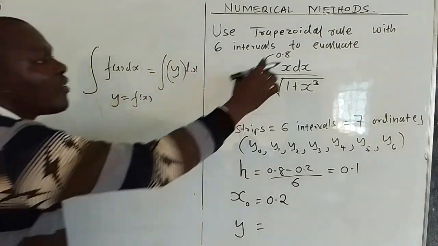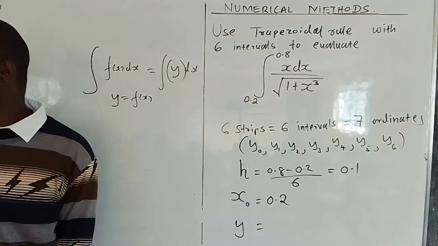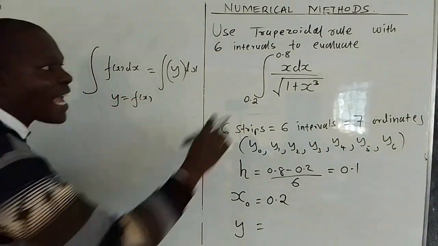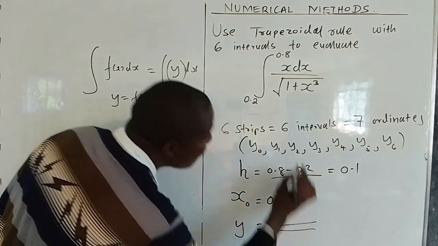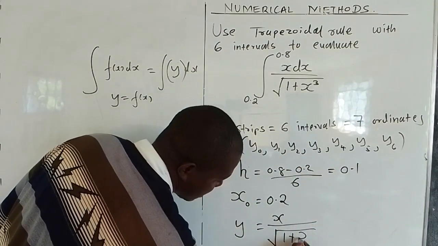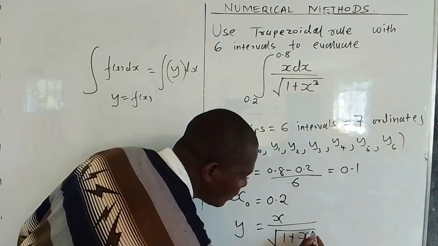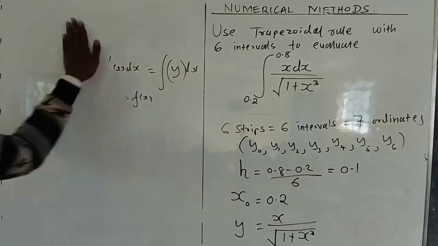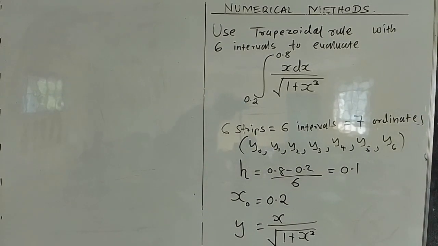If you remove dx, whatever is remaining is y, giving you the function. So what is y? It is x over the square root of 1 plus x cubed.